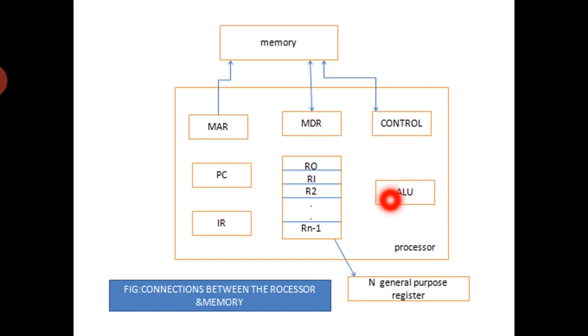Once the ALU gets two or more operands in this manner, it performs the required operation according to the opcode in the instruction. After the execution is completed, the result is sent back to the MDR. From the MDR, the data is stored in the memory, in whatever address is present in the MAR.